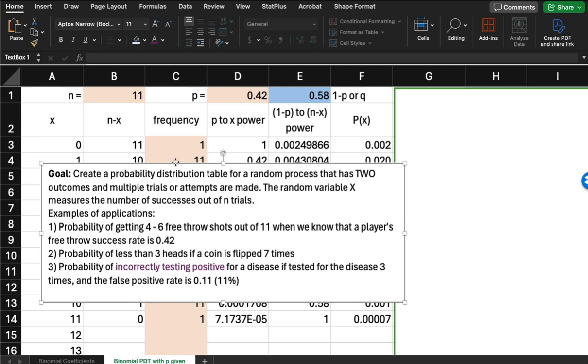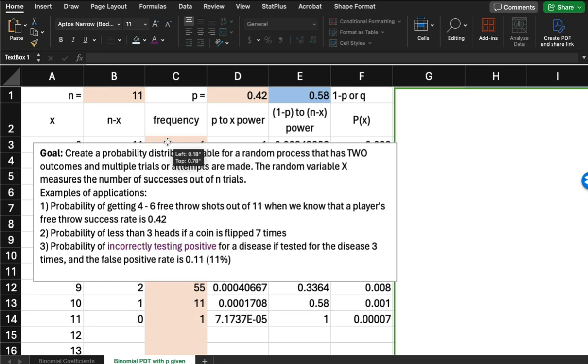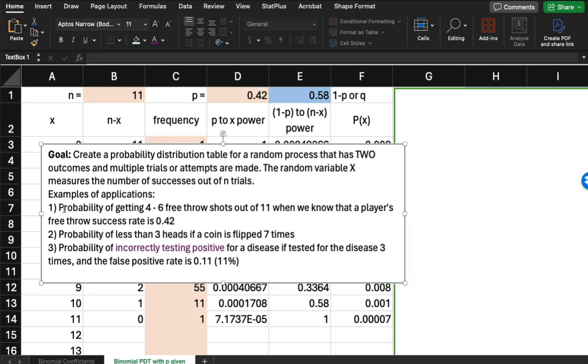Let me give you a couple of examples of how we might be able to use this information. We could answer any of these three types of questions that you see here. So here are some applications of what we're doing. One, what is the probability of getting anywhere between 4 and 6, so 4, 5, or 6 free throw shots out of 11 attempts when we know that a player's free throw success rate is 0.42 or 42%?